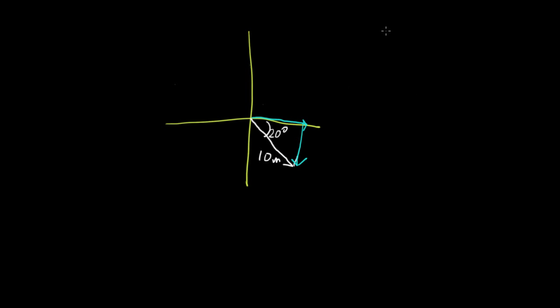So we want x and we want y, the x and the y components. Since this is a displacement, we can just use x and y because that's what we usually do. Okay, so let's find x first. So this is adjacent. We know hypotenuse. So again, cosine of 20 equals adjacent over hypotenuse, which in this case is 10.